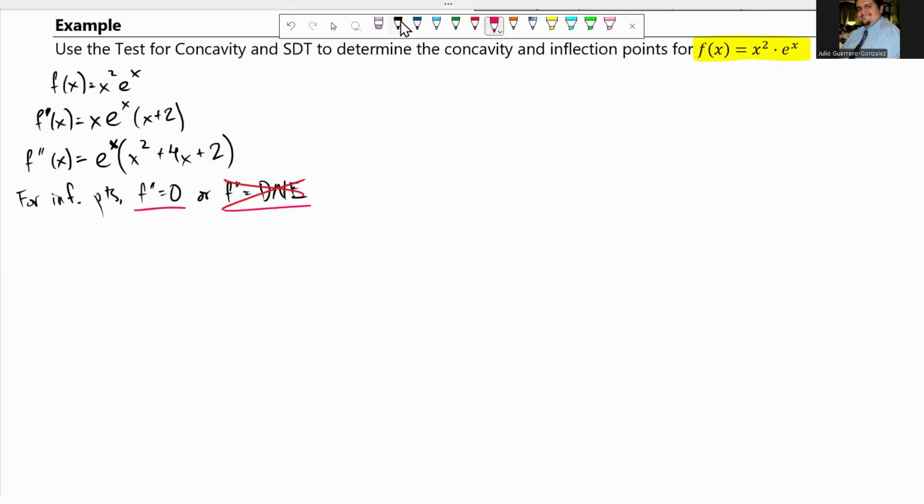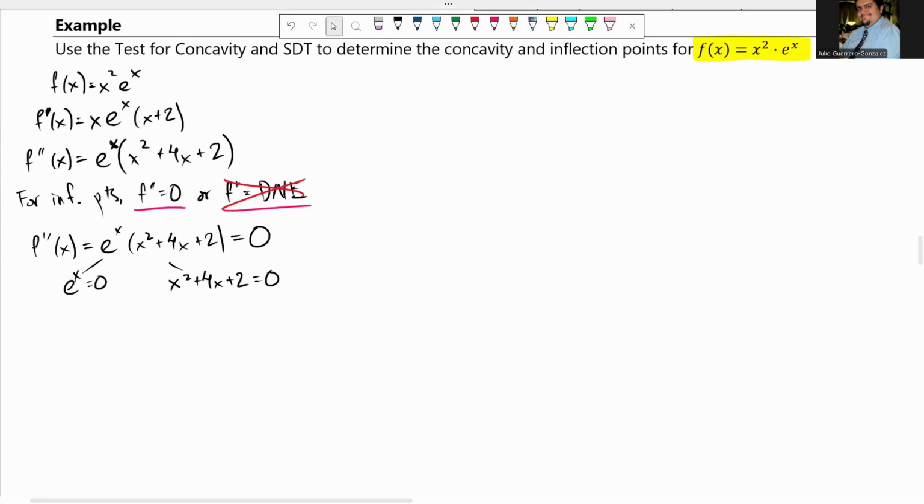So the only one I really have to worry about is when the second derivative is equal to 0. That means I'm looking for when F double prime of x, equal to e to the x times x squared plus 4x plus 2, is equal to 0. Either e to the x is equal to 0, or x squared plus 4x plus 2 is equal to 0.